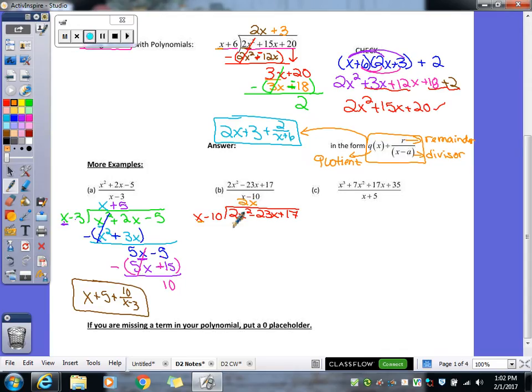So 2x times x is 2x squared. 2x times negative 10 is a negative 20x. So we got to subtract them. So 2x squared and 2x squared, those are going to cancel when I subtract. My negative 20 turns to what? Positive 20. So negative 23 plus 20, negative 3x plus our 17.